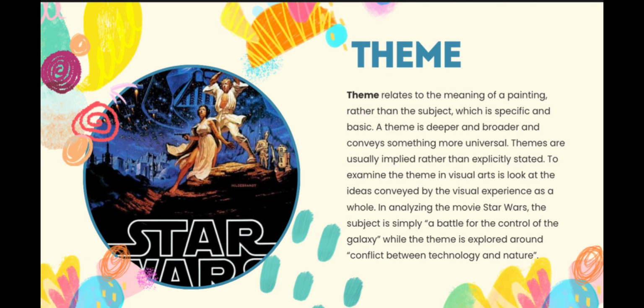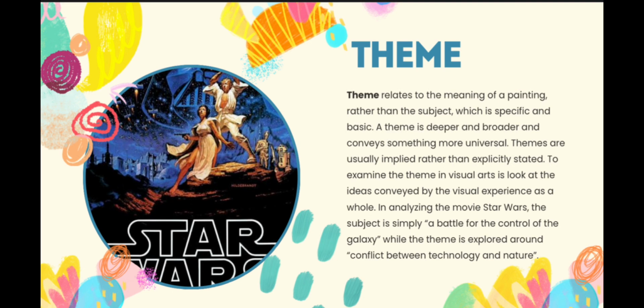Theme. Theme relates to the meaning of a painting rather than the subject, which is specific and basic. A theme is deeper and broader and conveys something more universal. Themes are usually implied rather than explicitly stated.